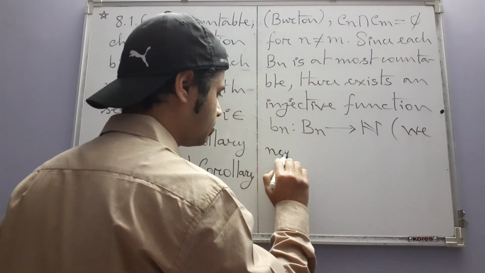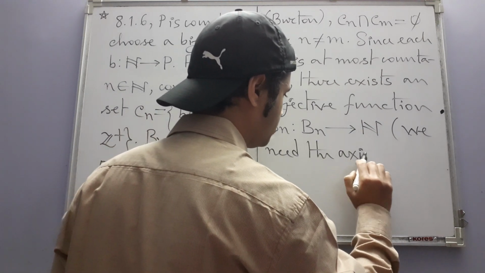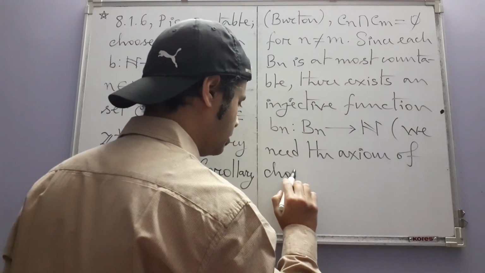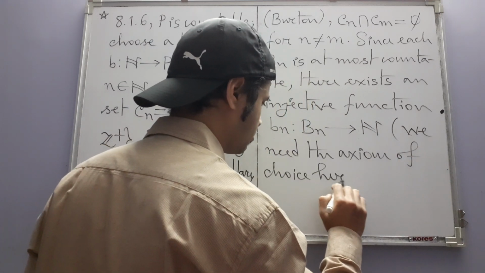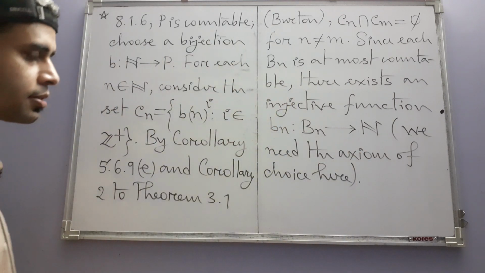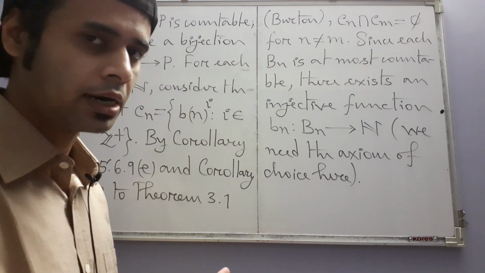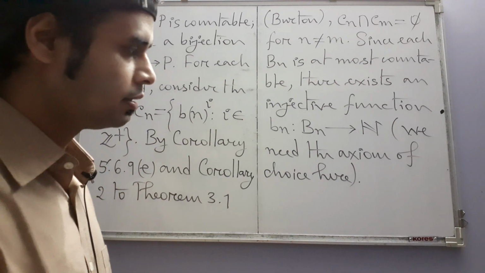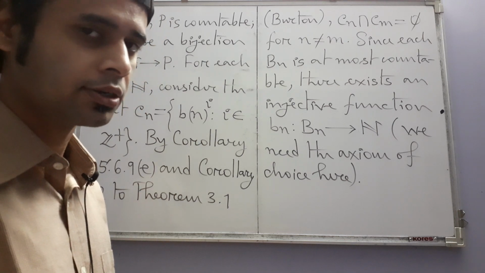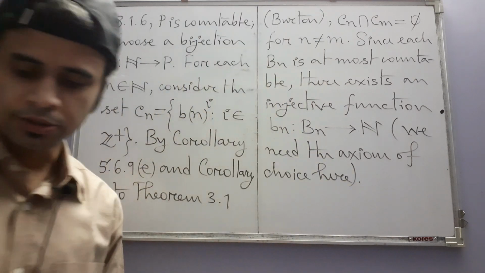We need the axiom of choice here. It's an extra axiom that needs to be included in Zermelo-Fraenkel set theory, that makes it Zermelo-Fraenkel choice set theory, ZFC.